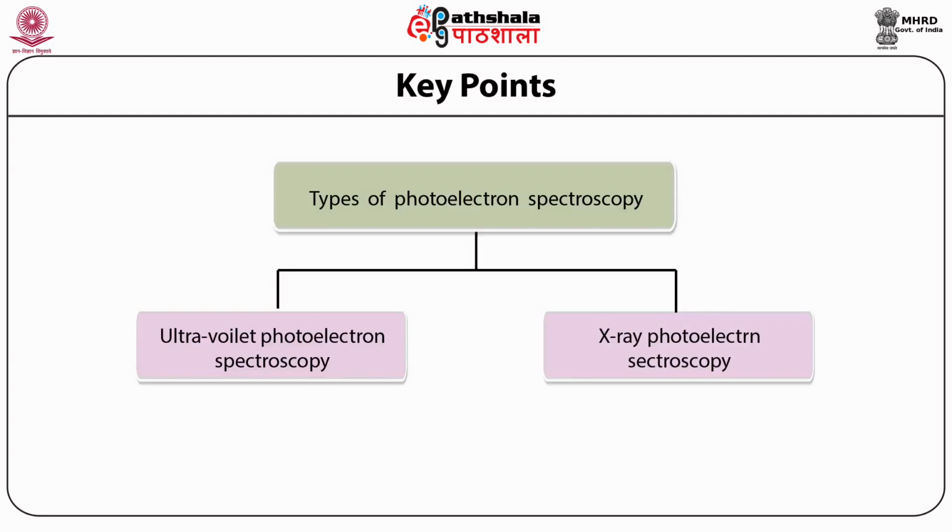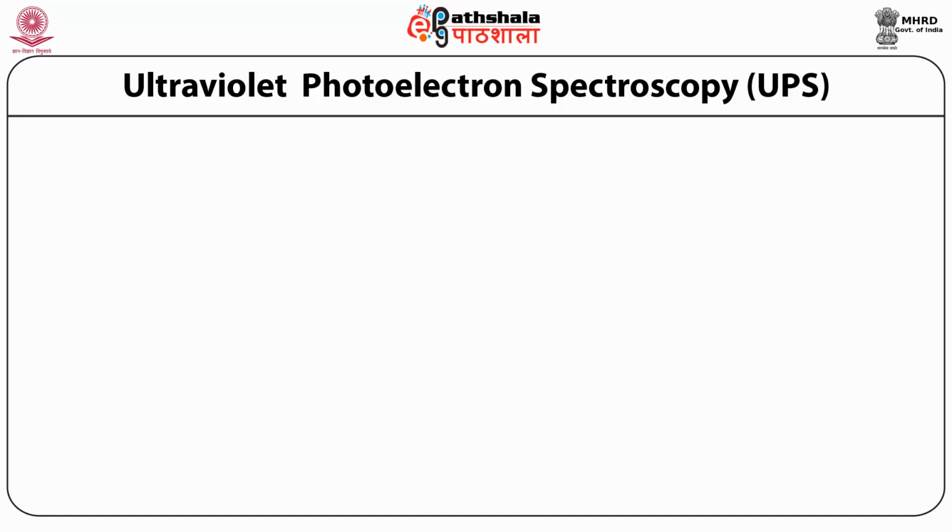XPS is known under its former name of electron spectroscopy for chemical analysis, ESCA. UPS focuses on ionization of valence electrons, while XPS is able to go a step further and ionize core electrons and pry them away.